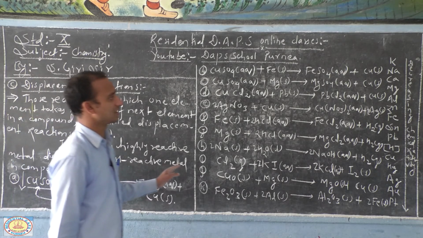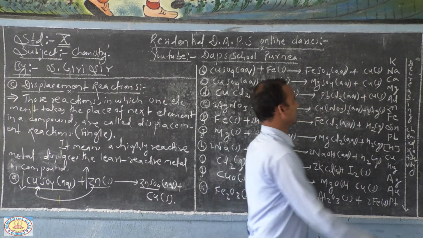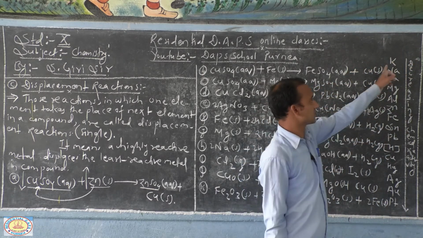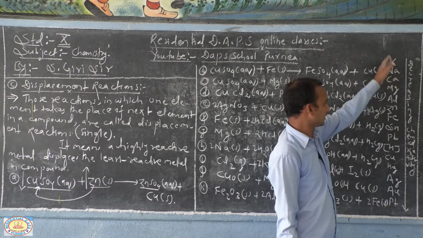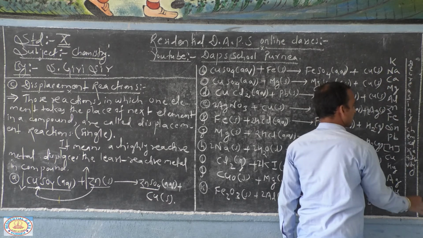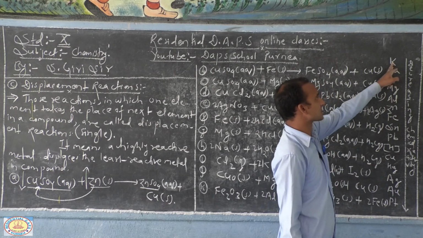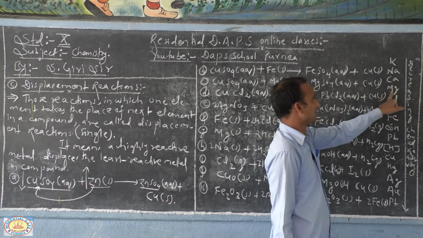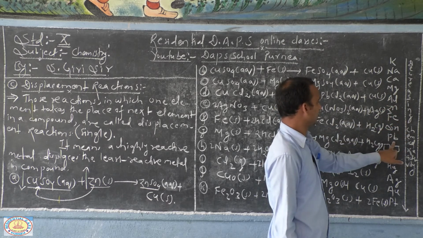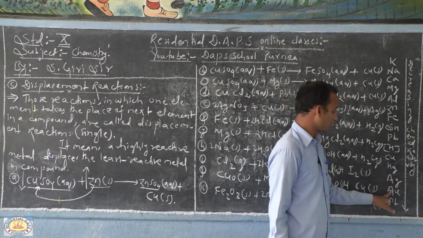So before discussing the highly reactive metal, you have to remember the reactivity series. Here you can see potassium is placed at the top, since potassium is the most reactive metal, then sodium, in decreasing order. When you go down, reactivity decreases. Here you can mention potassium, sodium, calcium, magnesium, aluminum, zinc, iron, tin, lead and hydrogen, copper, mercury, silver, gold and platinum.